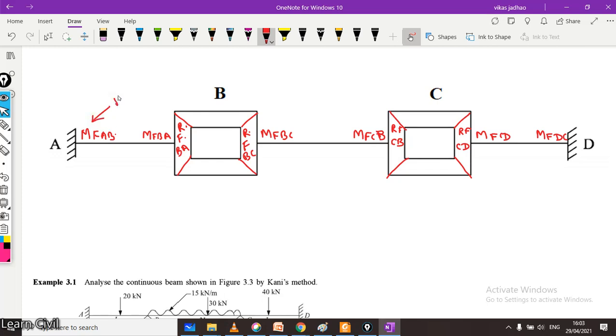We will write down fixed end moment here, fixed end moment here, and similarly here. All the fixed end moments are written like this.